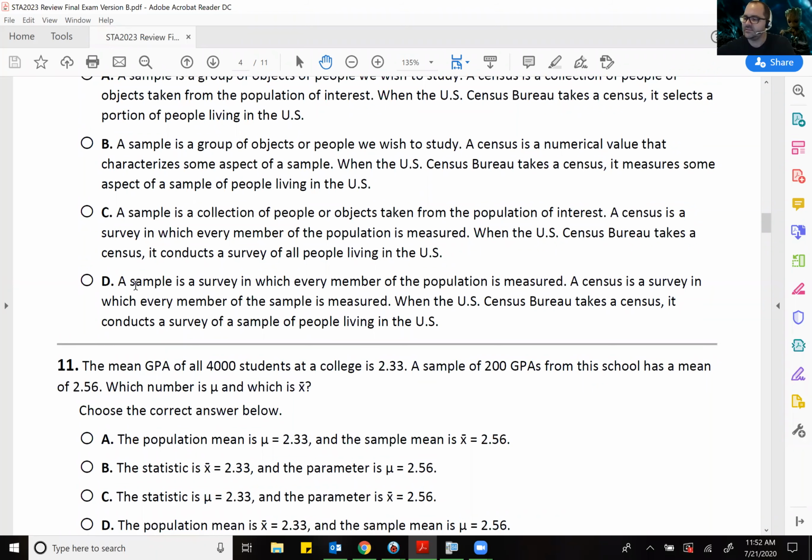A census is a survey in which every member of the population is measured.